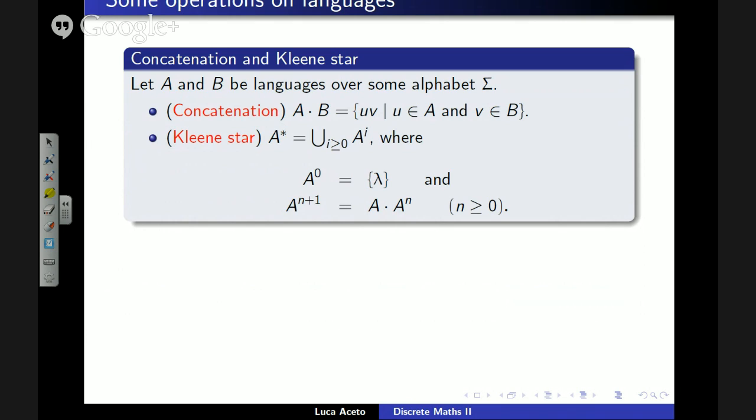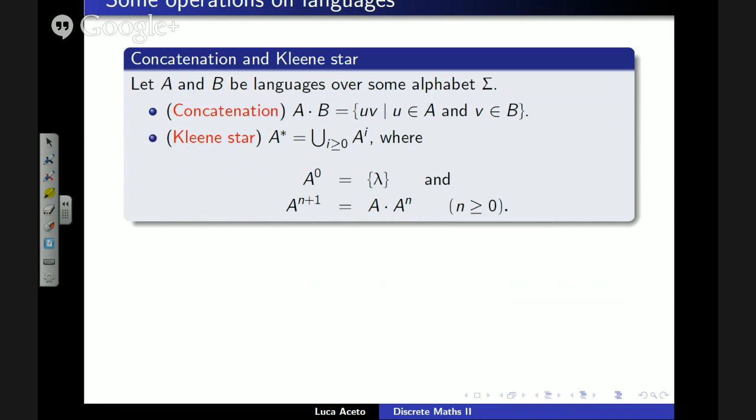Now, before we introduce regular expressions, we need to look at a couple of operations that you can perform on languages, because they correspond very closely to some of the constructions that you have over regular expressions. Now, languages are nothing but sets of strings.